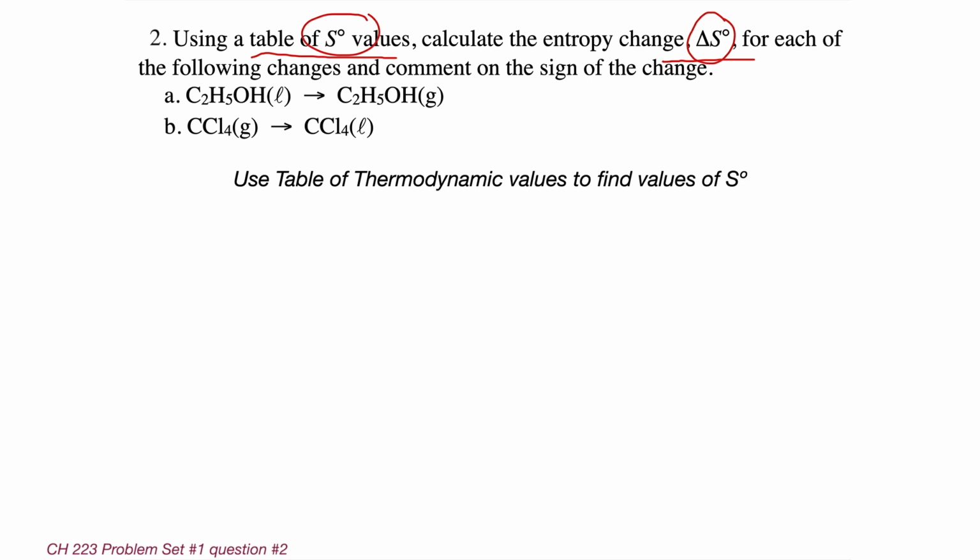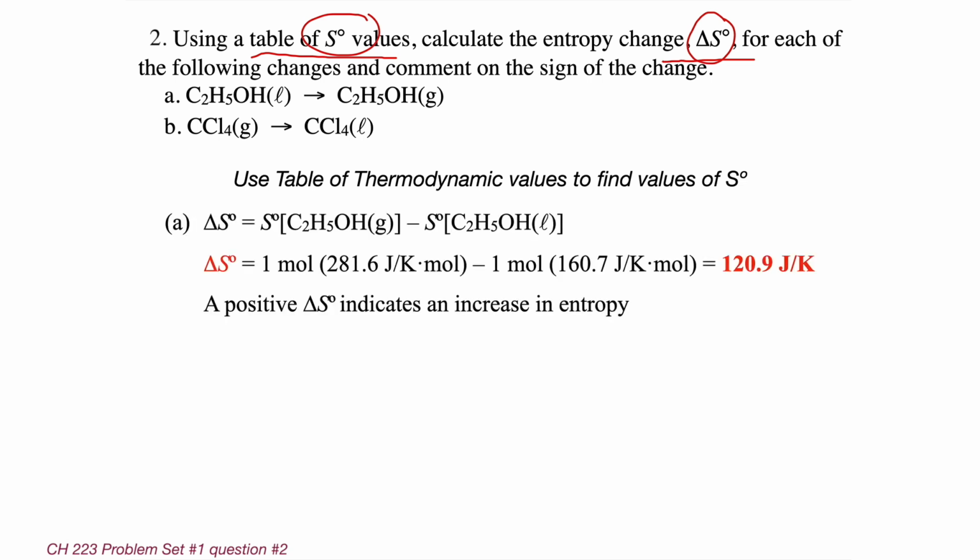So for the first one, we would look up C2H5OH as a gas and subtract that value from the C2H5OH as a liquid. And if you do that, this number right here, 281.6, that's the entropy of the gaseous C2H5OH. And this number right here, 160.7, that's the value of the liquid C2H5OH.